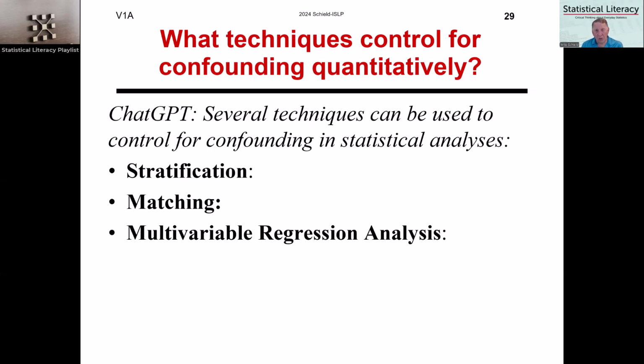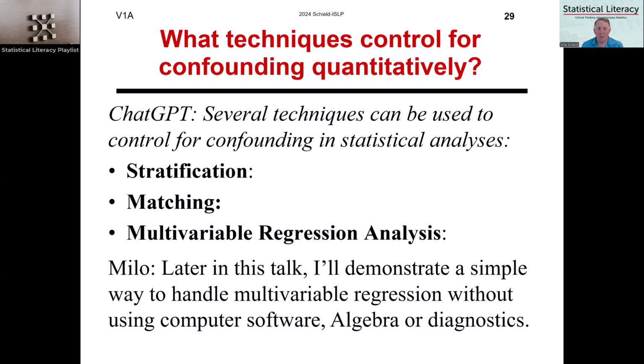There are specific assumptions that underlie that model. There are diagnostics that need to be reviewed to see that it's applicable. I don't want to teach bad practice. But later on, I'll demonstrate a simple way to handle multivariable regression without software, algebra, or diagnostics. Stay tuned.